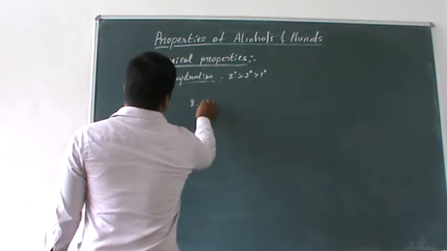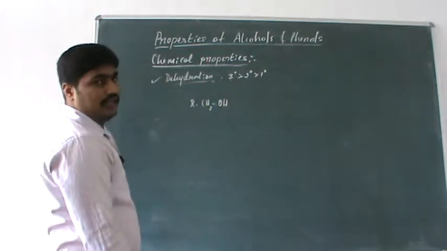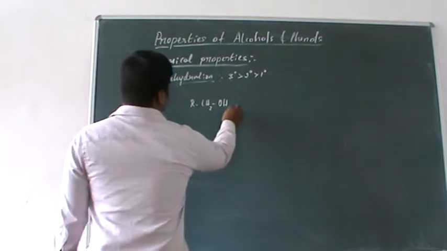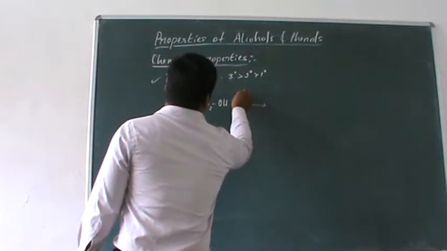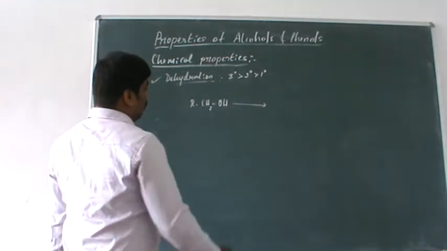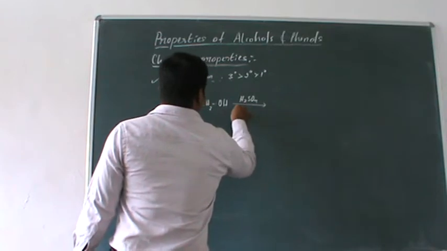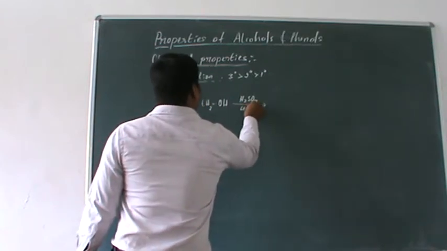Therefore, RCH2OH, the primary alcohol, is dehydrated using concentrated sulfuric acid at more than 443 Kelvin.